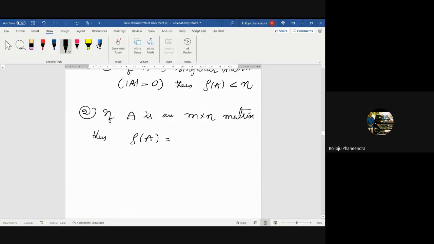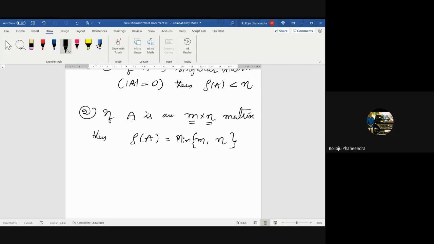This is a previous GATE question. Rank: is it m or n? In m and n, we select the minimum value. For example, 3 by 4 is there; we select only a 3 by 3 submatrix. So it is the minimum of m comma n.